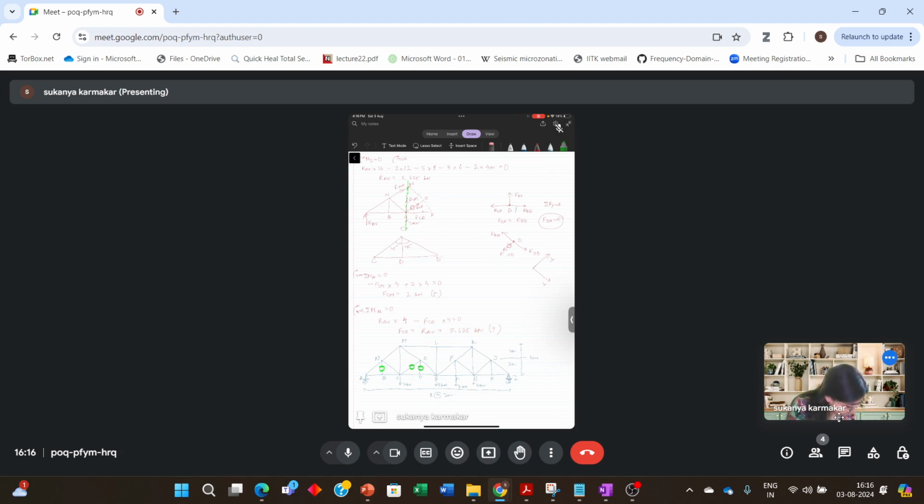Now again at the point N, AN and NC, the line of action is the same. So NC will be a zero force member. Similarly at the point H, GH and HI are collinear, the forces will be equal and opposite. So GH is a zero force member.